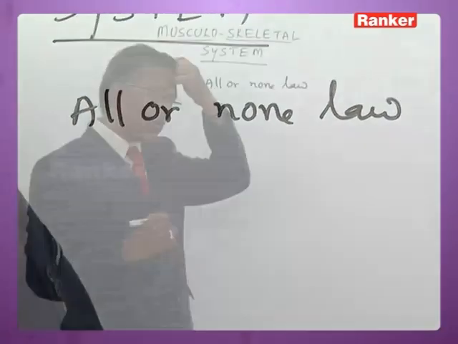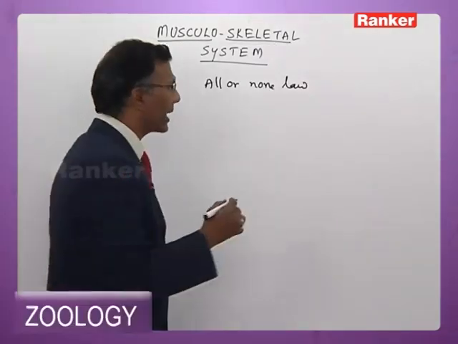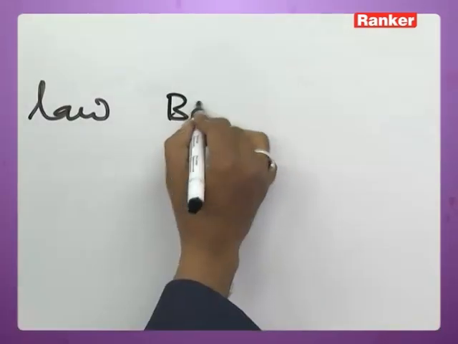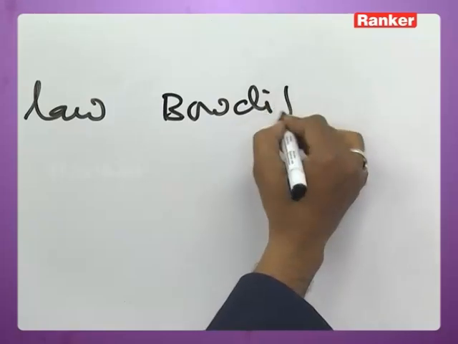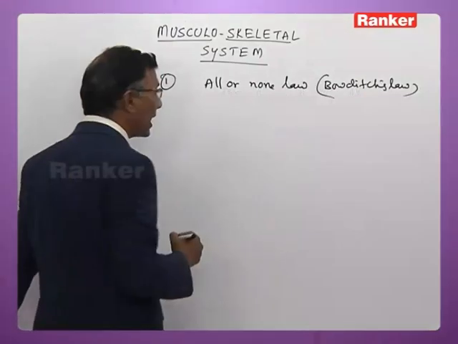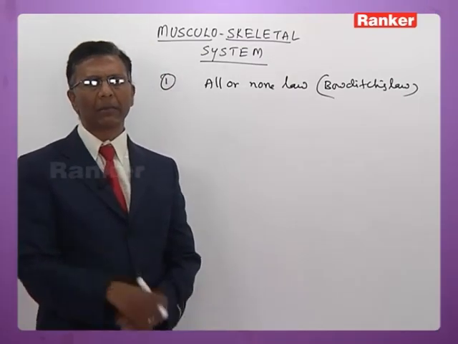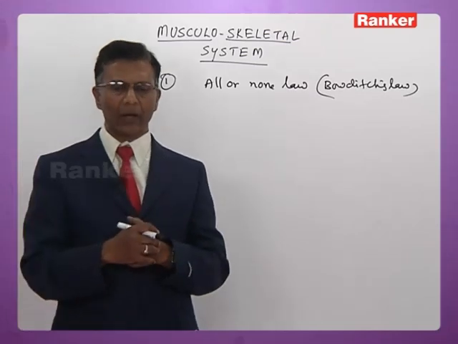Some more concepts, students, we shall talk about now. All or none law, also called Bowditch law. A stimulus is given: either the muscle contracts or does not contract at all.